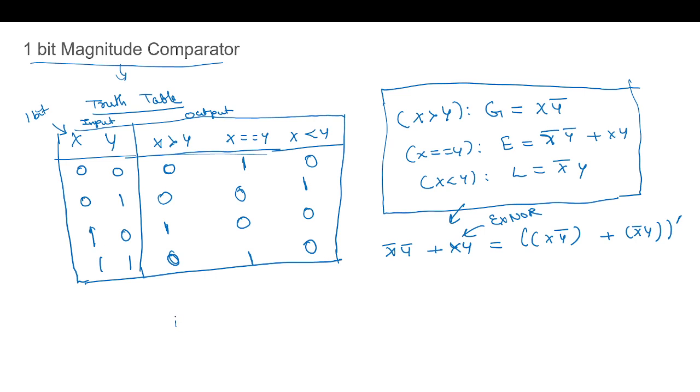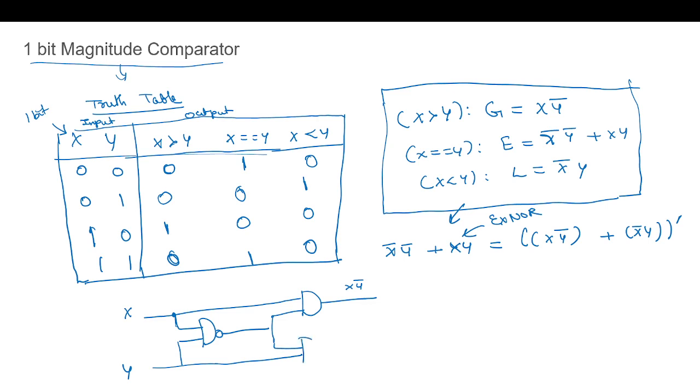So with this we can implement x y bar, which is x greater than y, x equal to y, and x bar y, which is x less than y.